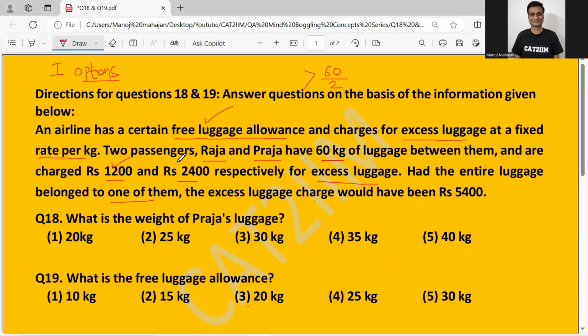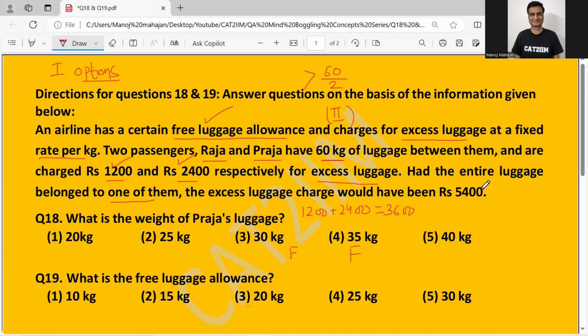The two, Raja and Praja, together they are paying for the excess luggage how much? 3,600. So this is actually the second approach which we are looking at. So 3,600 they have to pay, and they got free twice because Raja also did not pay for the free luggage allowance and Praja also did not pay.